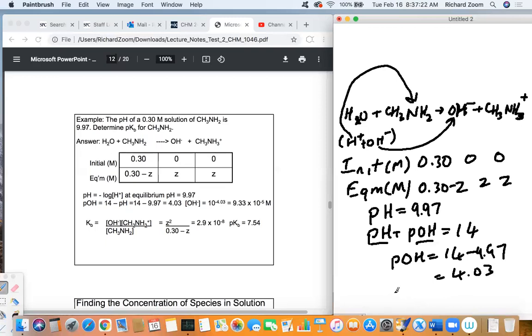So if I want the concentration of OH minus, it's going to be 10 to the negative pOH, which is 10 to the negative 4.03, which is 9.33 times 10 to the negative 5 molar.